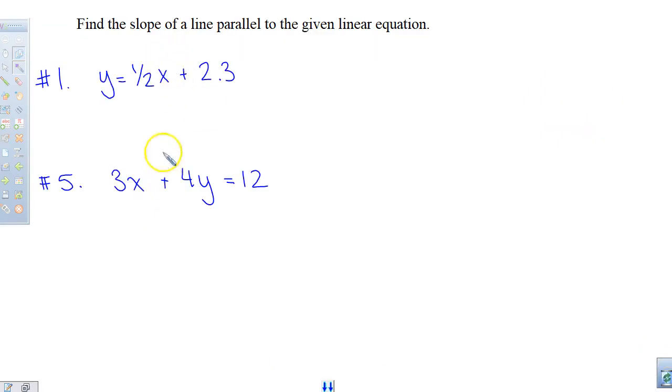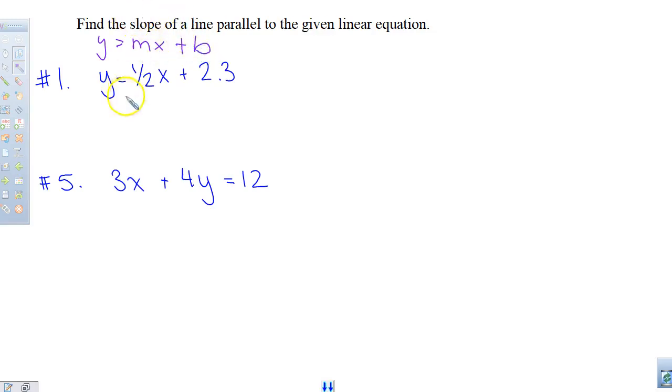So I'm going to have you go ahead and pause. Well, actually, let's do number 1 together. Our directions are slightly different here. We have to find the slope of a line parallel to the given linear equation. We are given this equation for number 1, and it's currently written in slope-intercept form, y equals mx plus b.